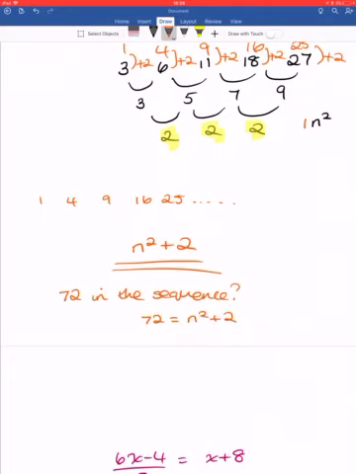So 72 minus 2 is 70 equals n squared. So no, because 70 isn't a square number. And then you're done.